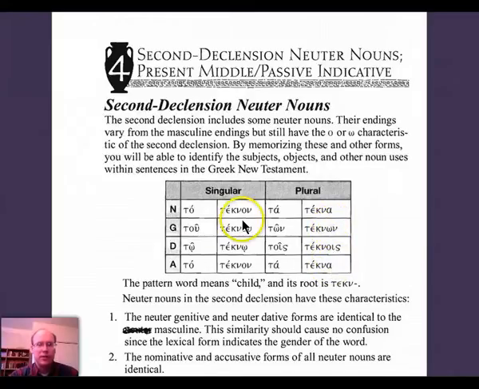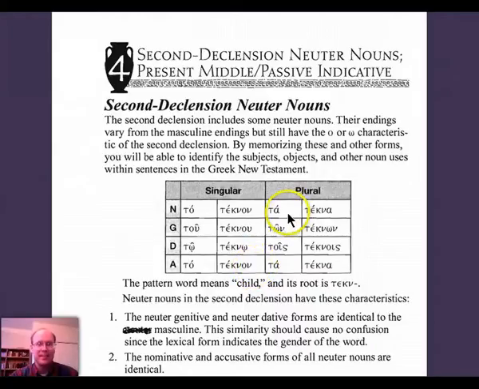So to teknon, the child. To teknou, of the child. To tekno, to or for the child. To teknon, the child. And if we left the articles off, then it would just be child, of a child, to or for a child, and a child.